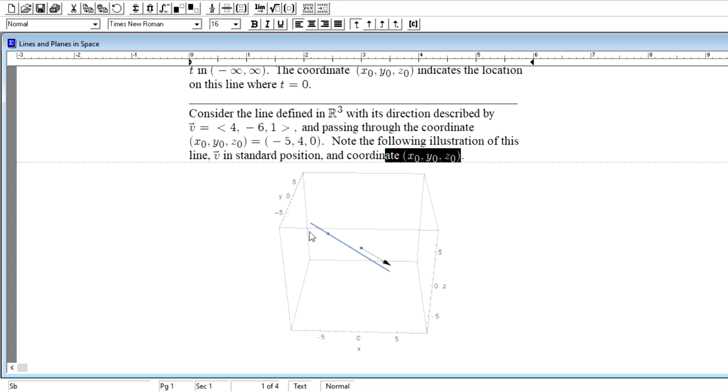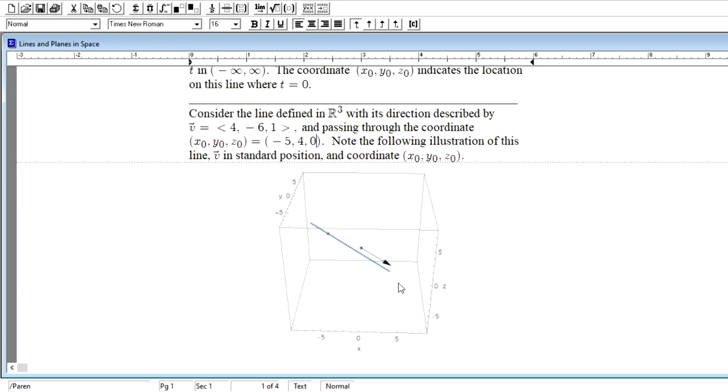In this illustration, the line is the linear path we see here passing through this point. That point in our system being located at the x coordinate of -5, the y coordinate of 4, and the z coordinate of 0. That's this point on our line.